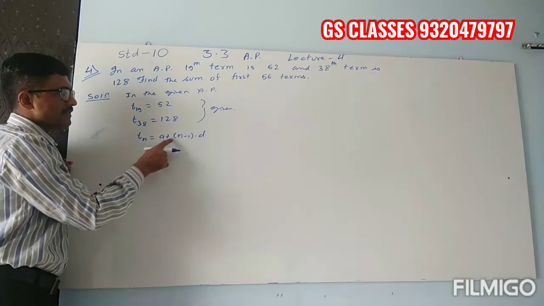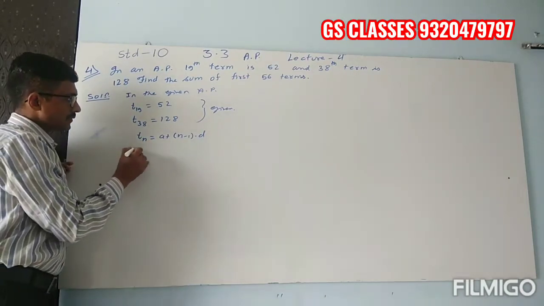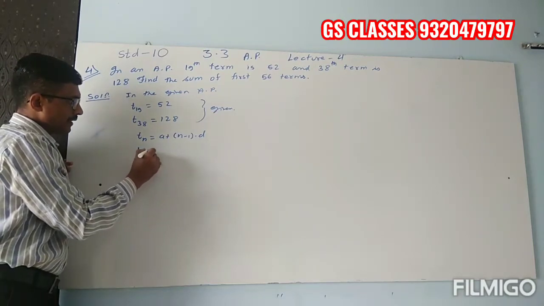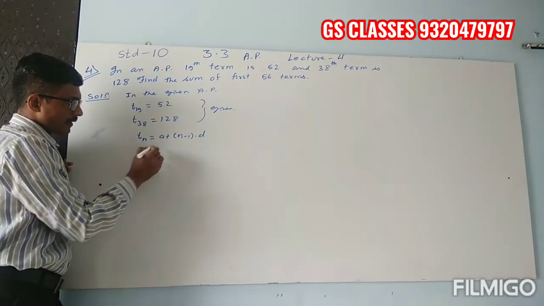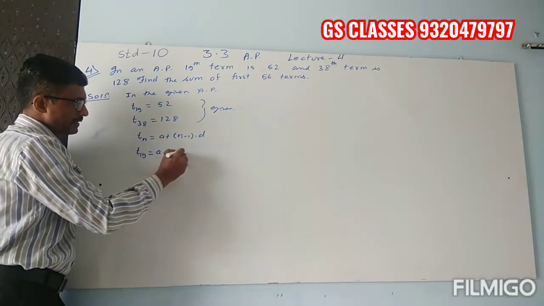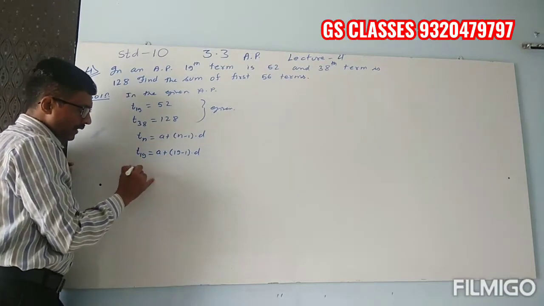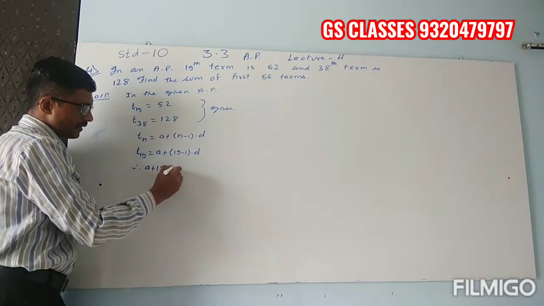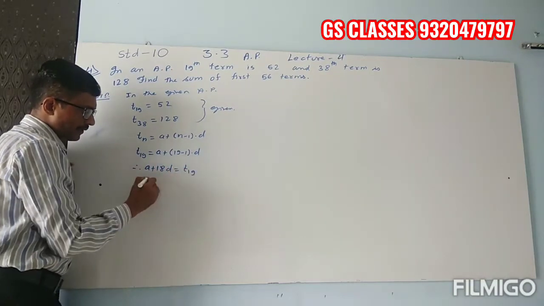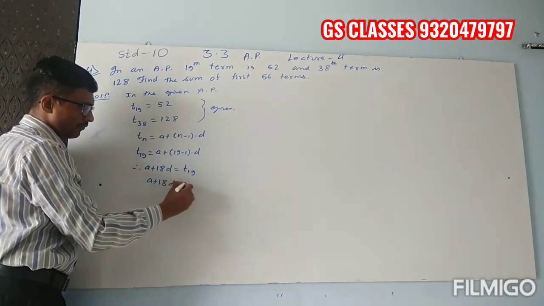Now children, I can write T19 as A plus 19 minus 1 into D, or A plus 18D, and A plus 18D is nothing but T19, which is 52.